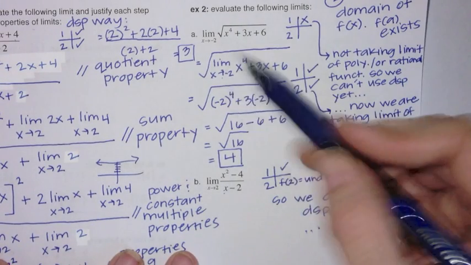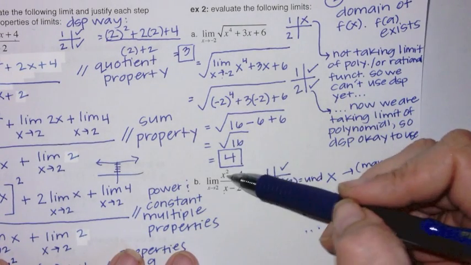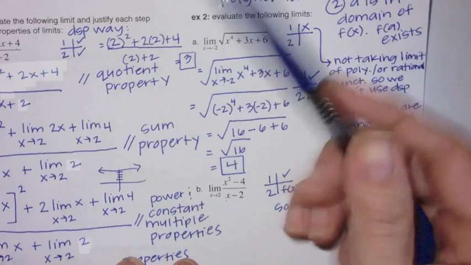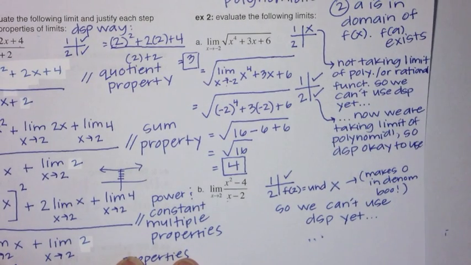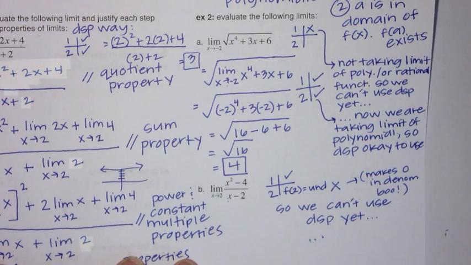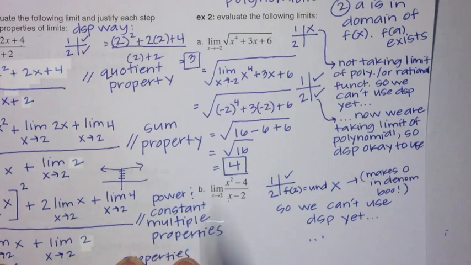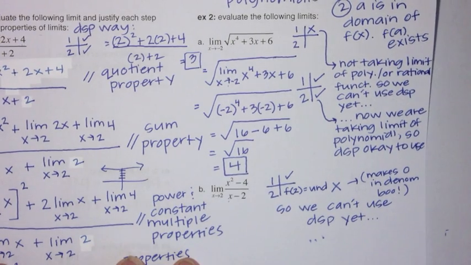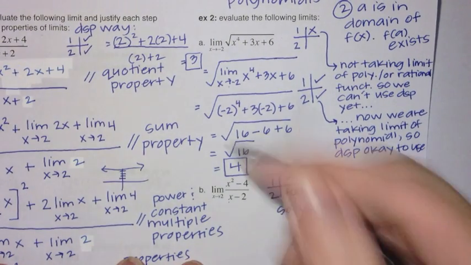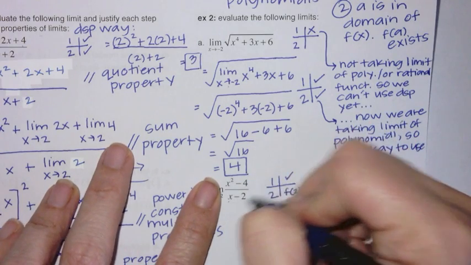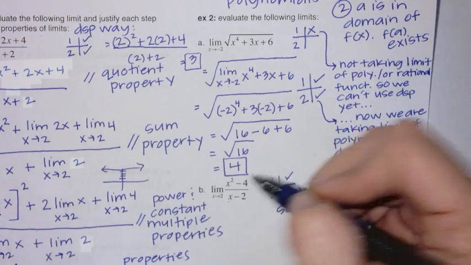Some students go, hey, can we split this up using the quotient property? I like your thinking. That's a good thought. It's a mistake, but it's a good thought, because even if you split it up, you're still going to end up with division by 0. So what we're going to try and do is manipulate our rational function.